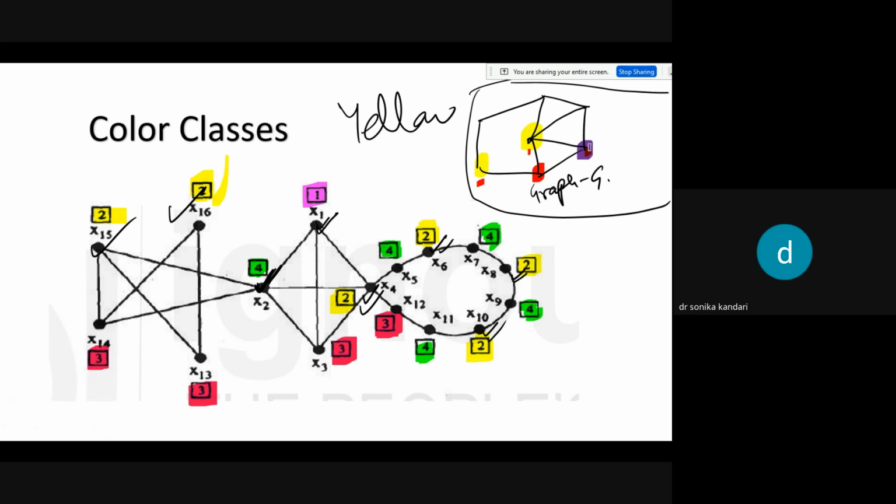In this way you can color the graph and find the minimum number of colors required to color the graph. As these are non-adjacent, it can be blue, and it can again be red. In this way you can color the graph. Is it clear, class?